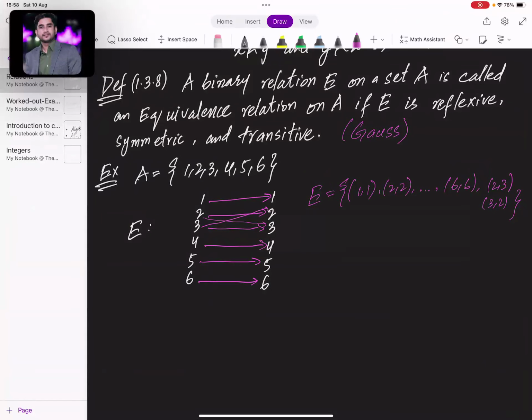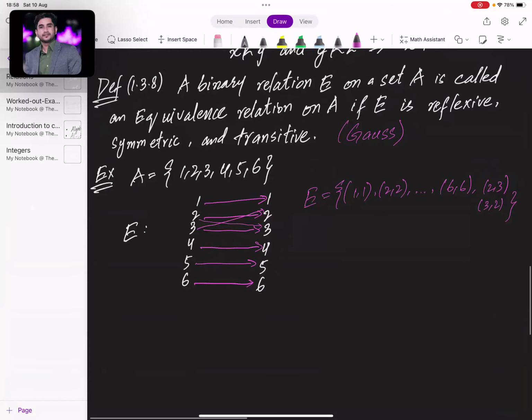Then we can say that E is an equivalence relation.